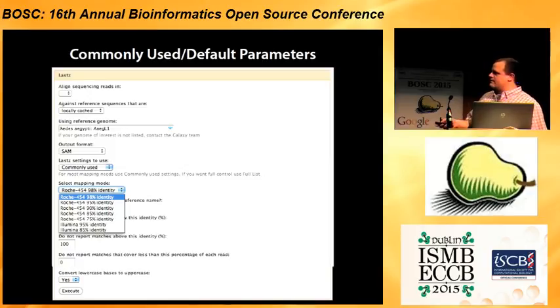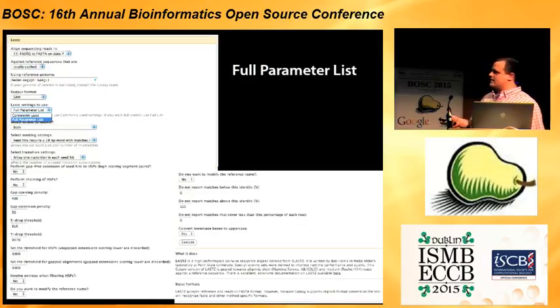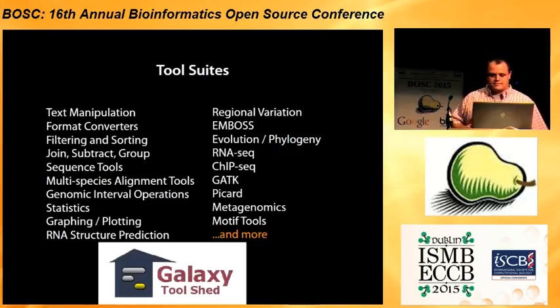So here we can see that we have commonly used selected, and then the actual tool author here of LASTZ, which is a mapping tool for longer reads, has predefined several different assumed percent identities for your alignments here. However, you can always go ahead and click on full parameter list and get the entire set of parameters. And so you're not limited to some minor subset of parameters.